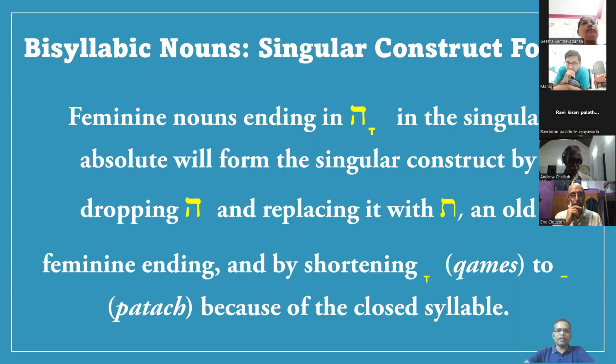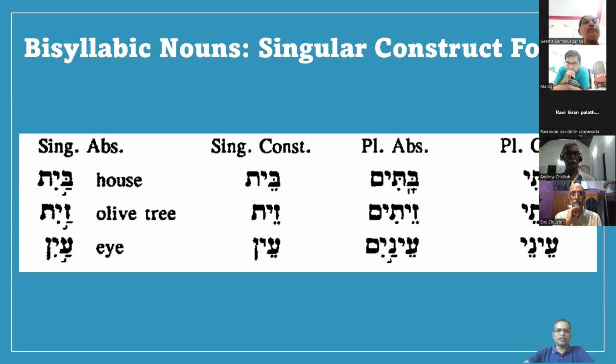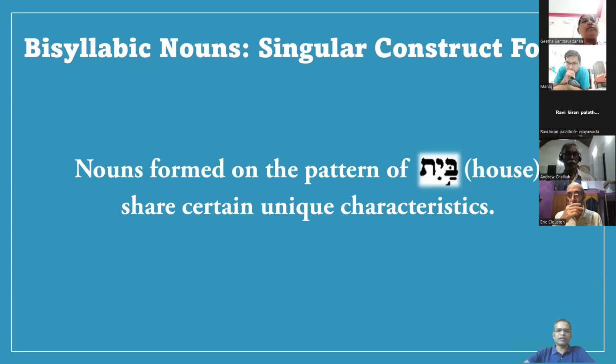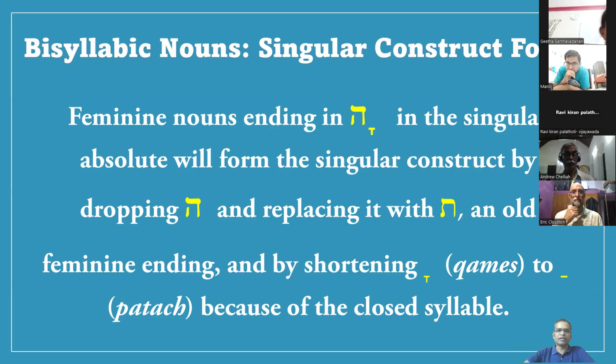These are some of the irregularities which I will mention quickly because we have to cover one more thing. Feminine singular nouns ending with kamets he. In the place of kamets he, in the construct state, you will see patach tav.